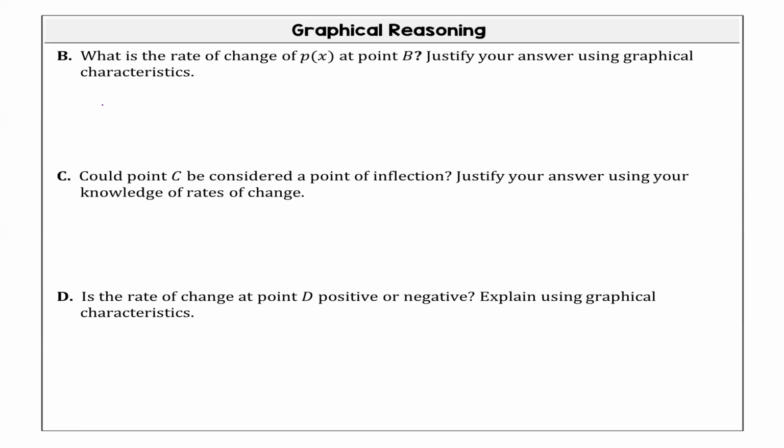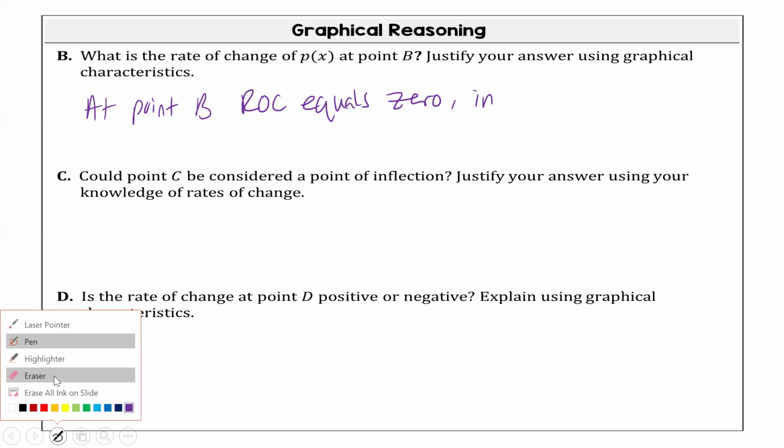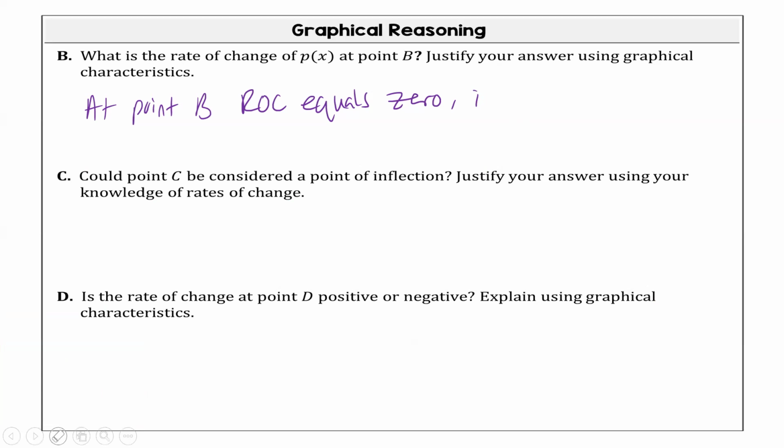So what is the rate of change for B? At point B, rate of change equals 0. Why does it equal 0? It's a turning point.